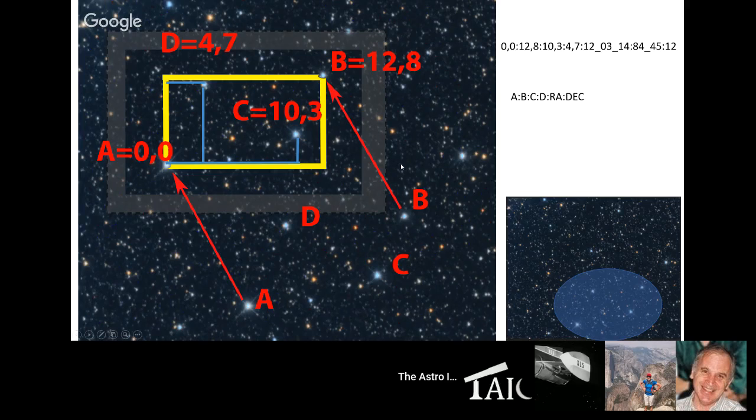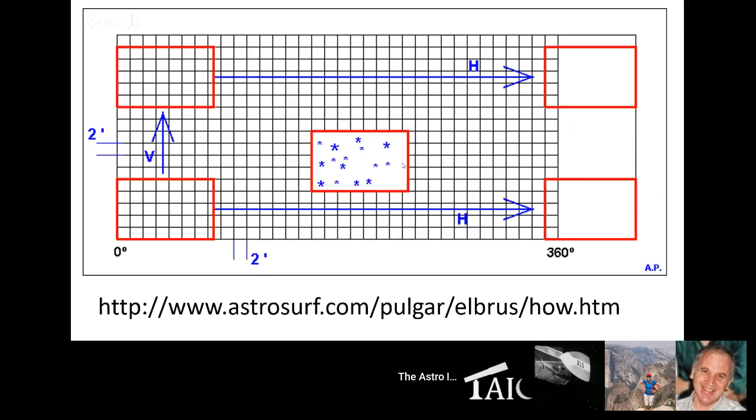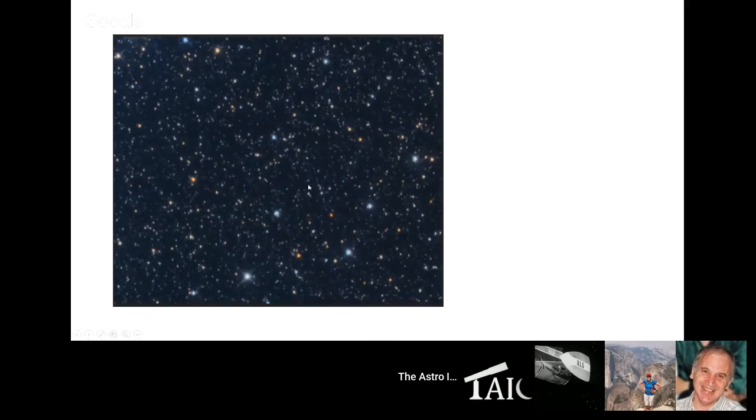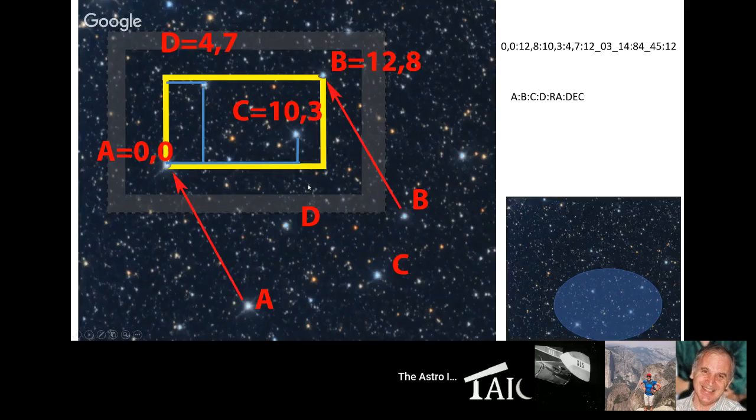The guy I had the beer with at the AIC, Advanced Imaging Conference, that long time ago, he does triangles, okay? He doesn't do quads, and he doesn't do polygons like these guys do. And they all have slightly different ways of quoting their catalogs and stuff like that.